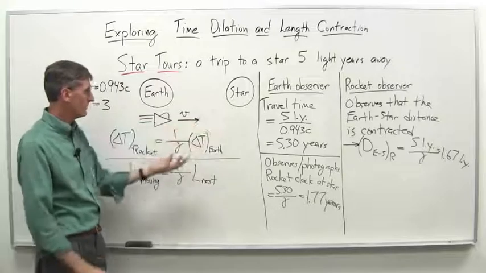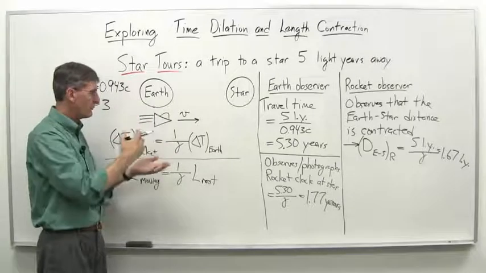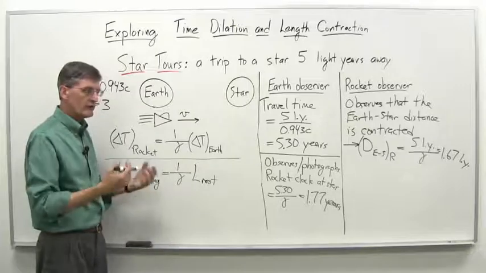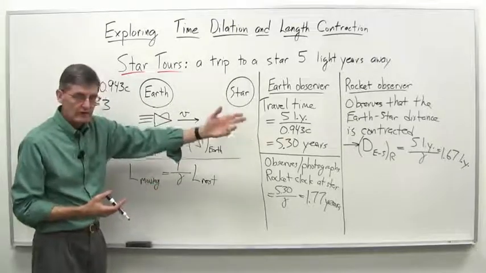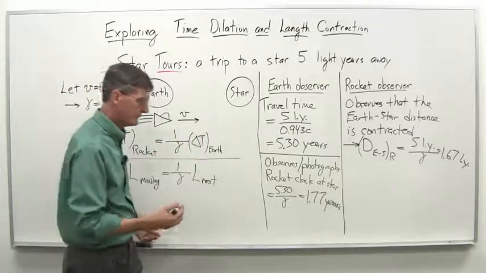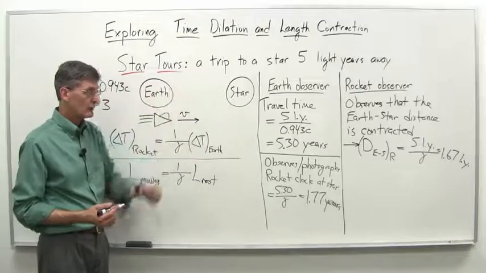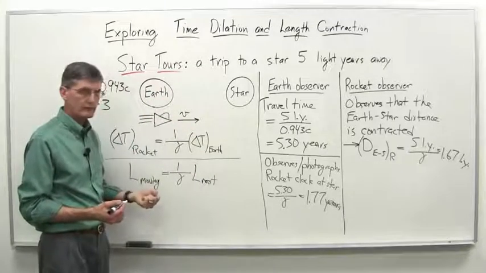We know that the star and Bob, the rocket, are in the same place when Bob's clock reads 1.77 years. And so what does that mean here? Does this connect with that? So let's think about this a minute. Distance the star has to travel to get to Bob, according to Bob, is 1.67 light years. It's traveling at 0.943 c to him.